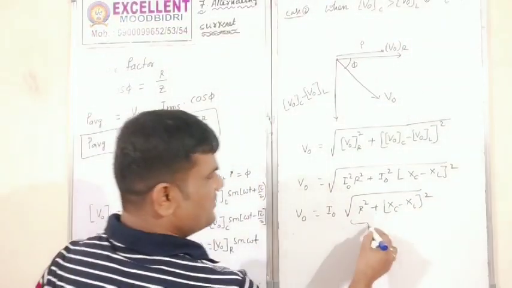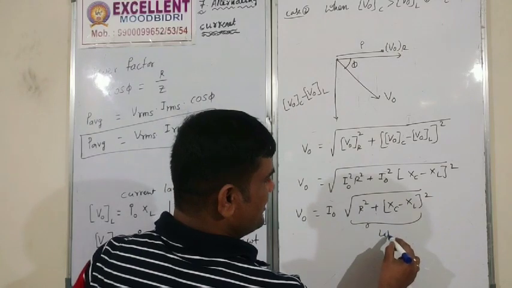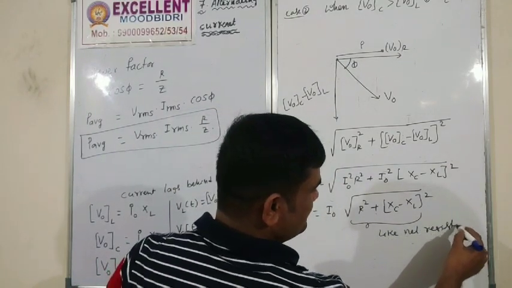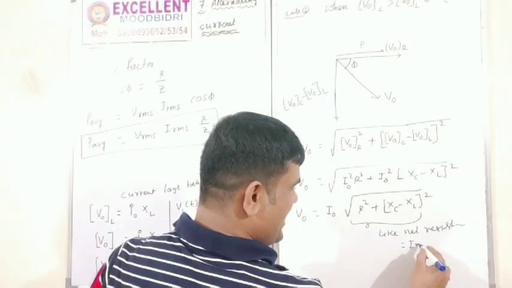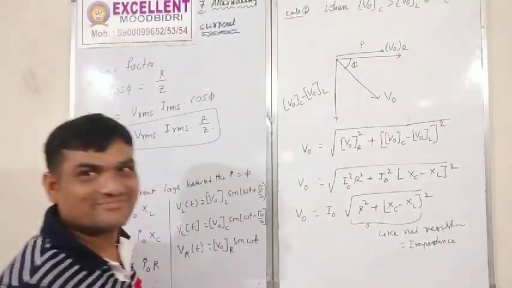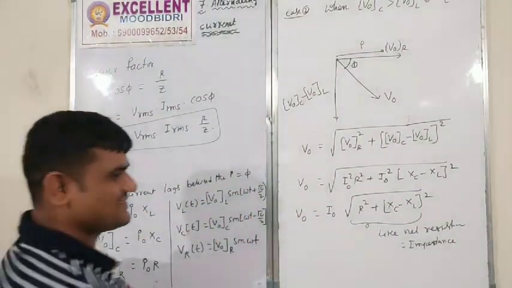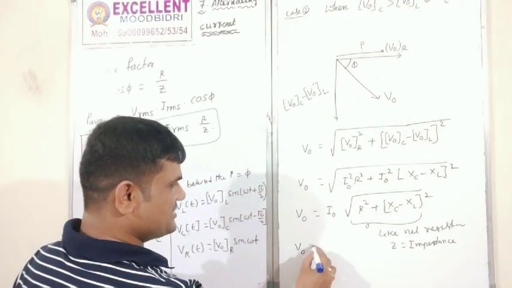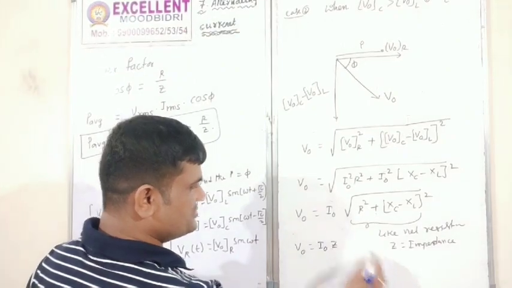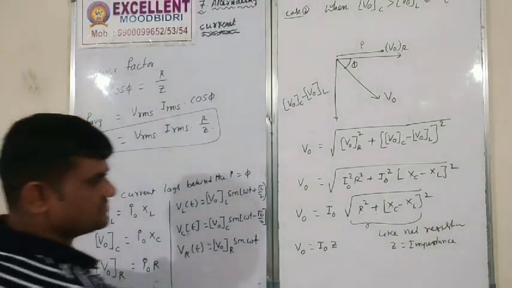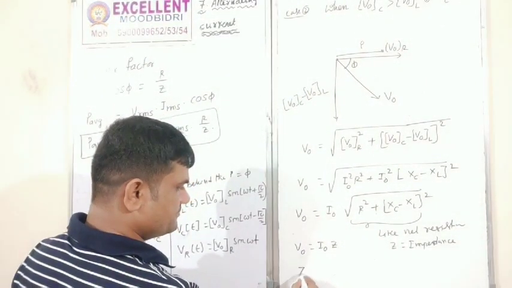So this is like the net resistance, that is impedance. Okay, impedance. Therefore this is the Z. Alright, so V naught is equal to I naught into Z. Where Z is equal to how much?